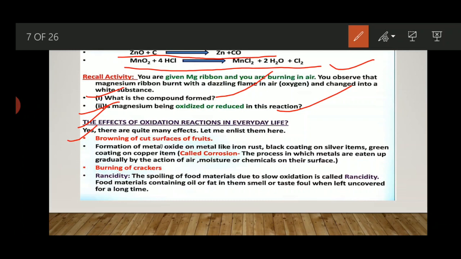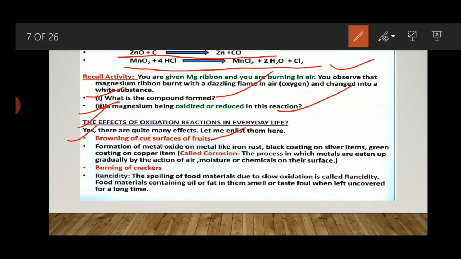Whenever we cut any fruit, immediately we see that the color of the upper surface of the fruit turns either brown or black and sometimes some other color. So what exactly is it? It is due to the chemicals present in the fruit reacting with oxygen and getting oxidized. So because of that, browning of the cut surface of the fruit takes place.